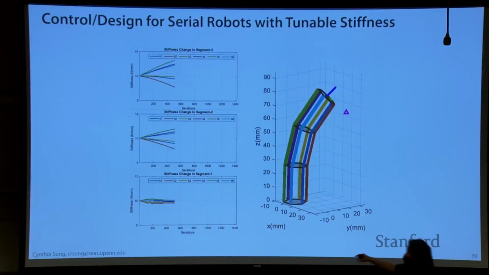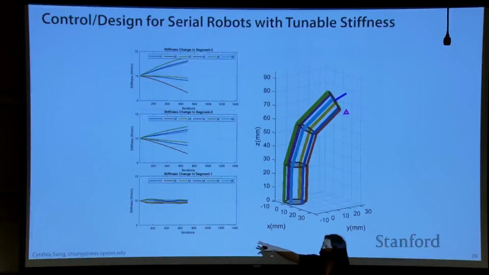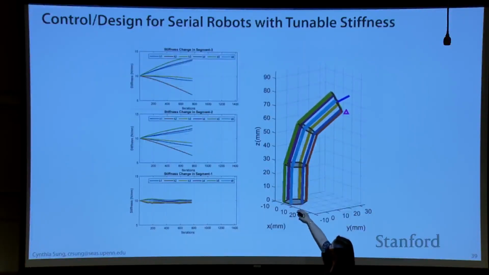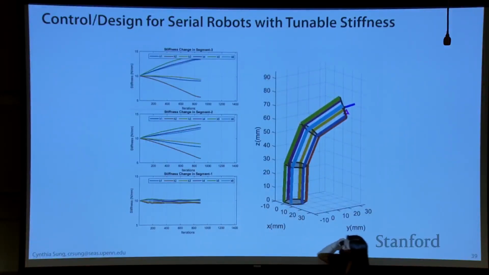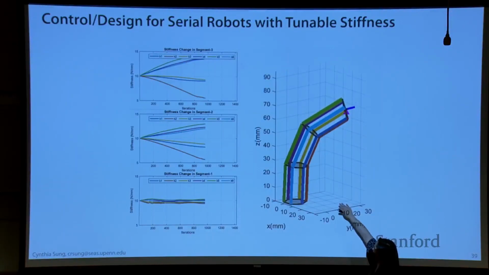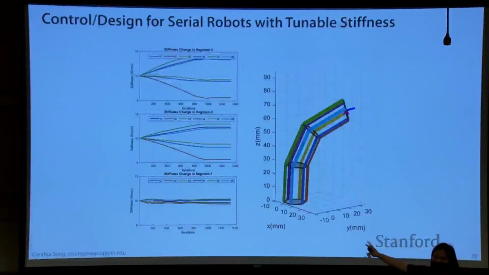Then the stiffnesses need to be designed according to a particular distribution, which you're seeing both pictorially on the right and in graph representation on the left. What you're seeing here is that the thinner lines are softer, the thicker lines are stiffer. And so in order to get the robot to converge to that end effector position, we need an asymmetrical stiffness distribution, right?